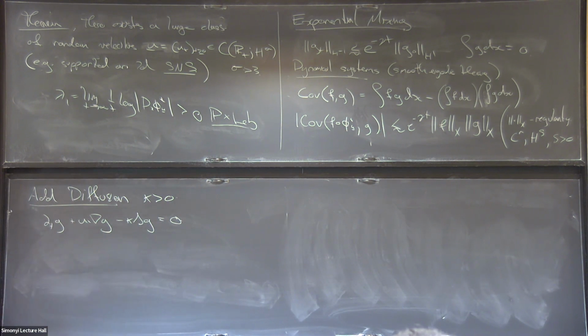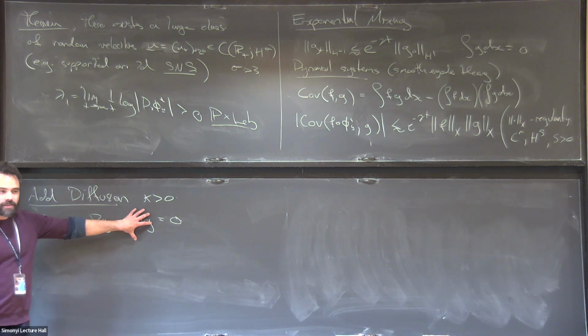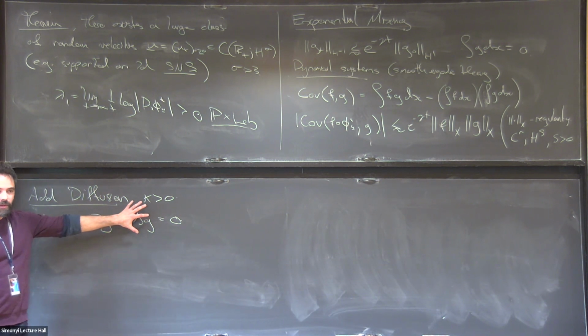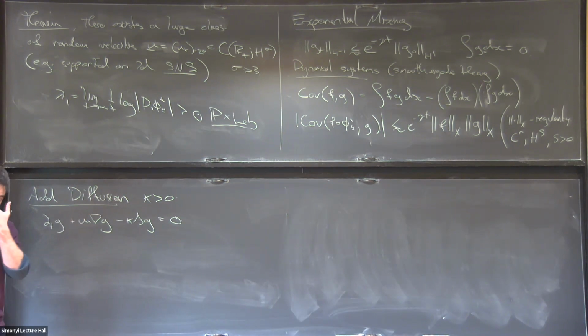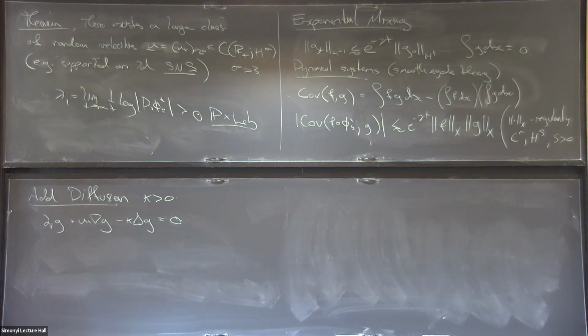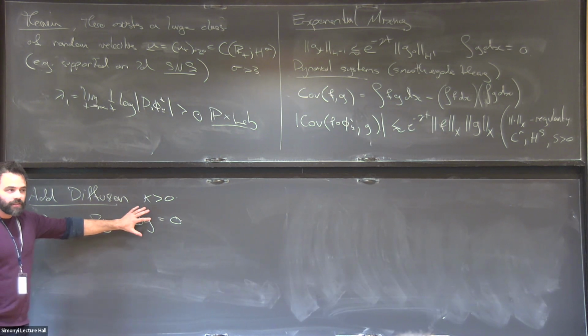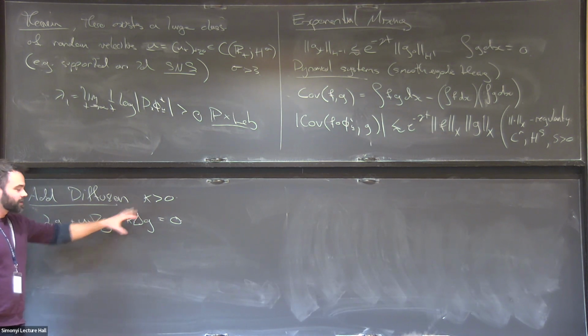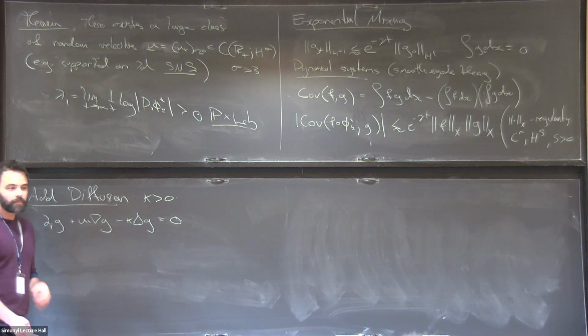I have this advection-diffusion equation. I add this perturbation, which in some sense is a singular perturbation of the equation, but it's also smoothing everything out. The interaction between the advection and the Laplacian term can be pretty complicated. In particular, this is trying to generate lots of high frequencies all over the place. The Laplacian acts even stronger and stronger at high frequencies, so it starts to eat everything up.